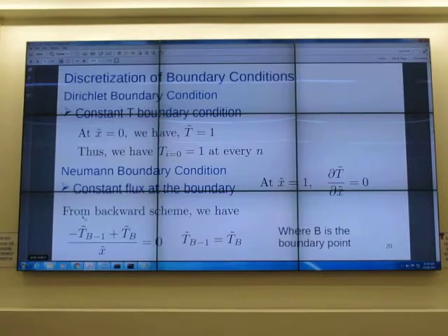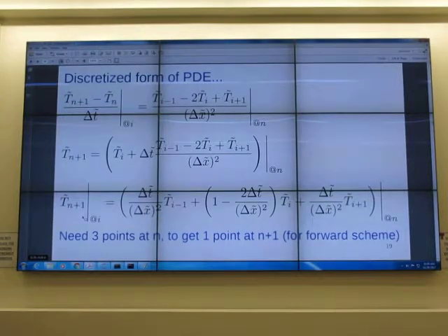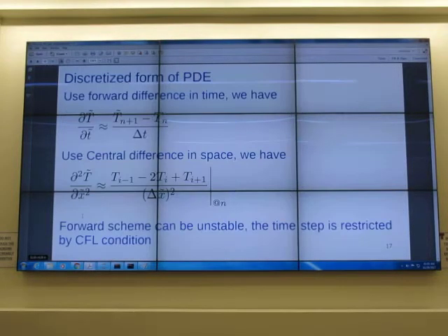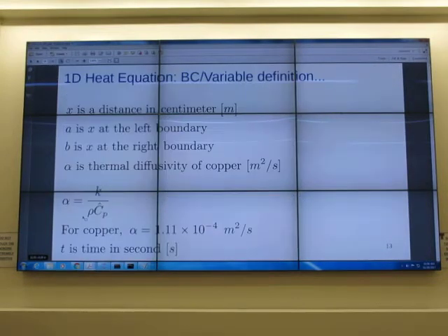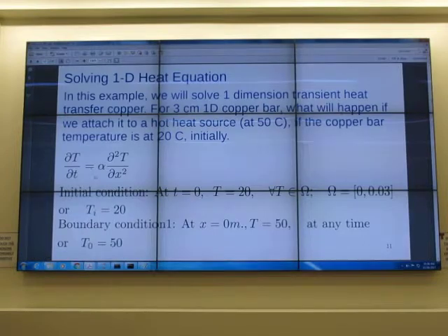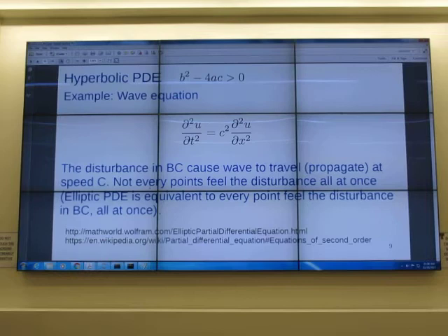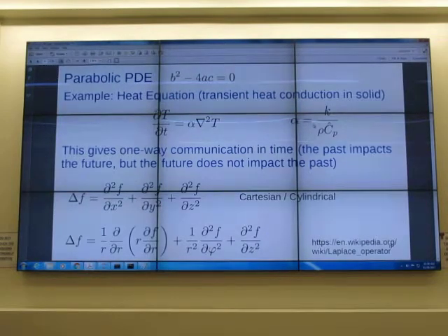What if this is constant property, right? K, thermal conductivity, is the same everywhere. From the common equation you see alpha. Alpha is what? K over rho Cp, right? What if K changed from location to location?